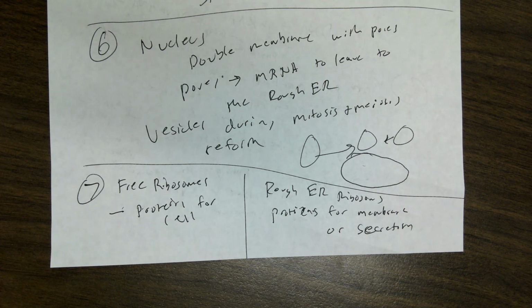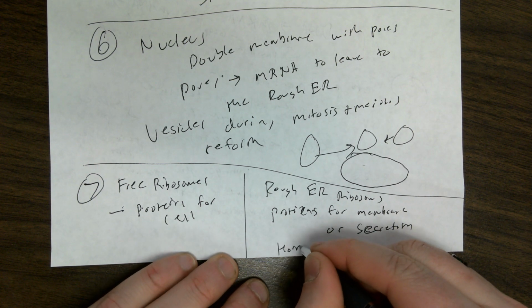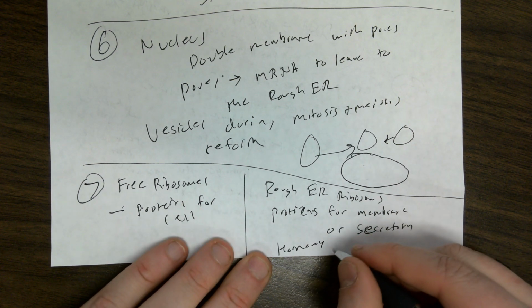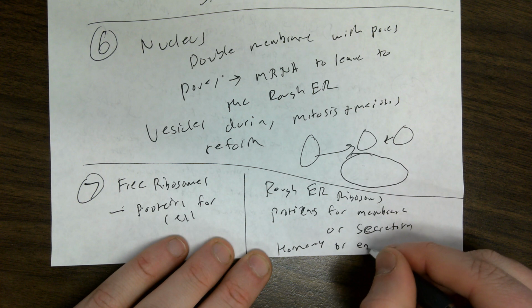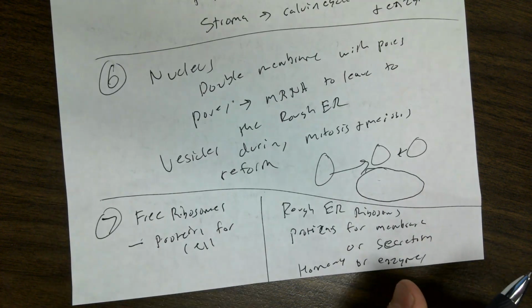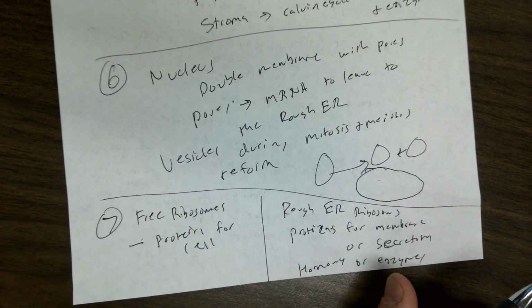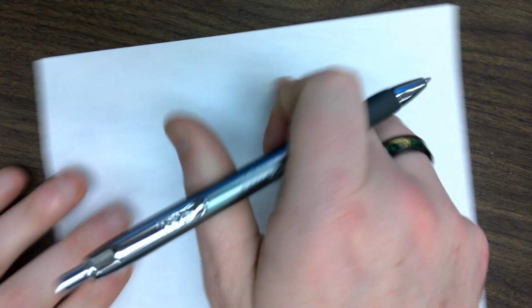So those are ones that are either going to be membrane bound or secreted out, not kept inside the cell. So that could be like hormones or enzymes, right, that you're sending outside the cell. Okay. All right, 8.